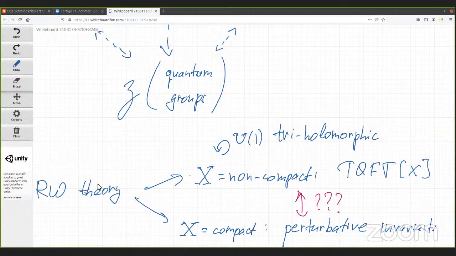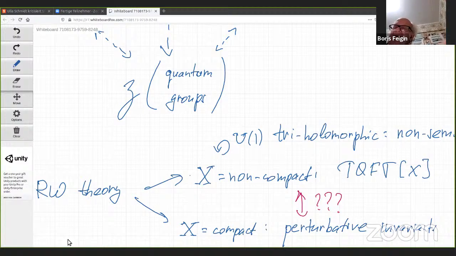When it's triholomorphic, you expect that this TQFT is associated to a non-semisimple MTC. And various other constructions that appeared in the literature and study of these invariants, such as ADO invariants. Anyway, the Hilbert scheme is such an example, yes?